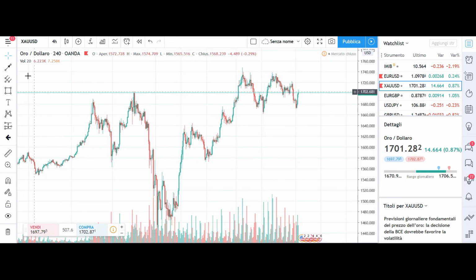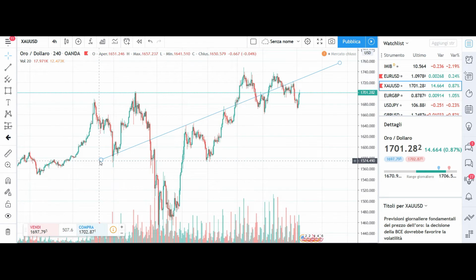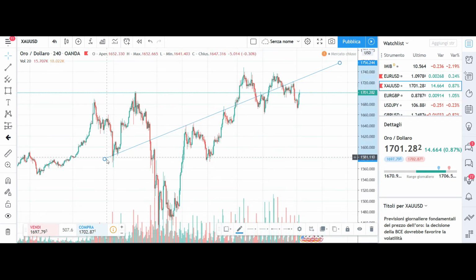So again, let's draw our resistance line and our support line. For the resistance line, I think I will use this very nice resistance line here. As you can see, it worked as support. The support was broken, and then it was tested many times. Here the price went a bit above, so let's say that the price now is kind of testing this resistance line.